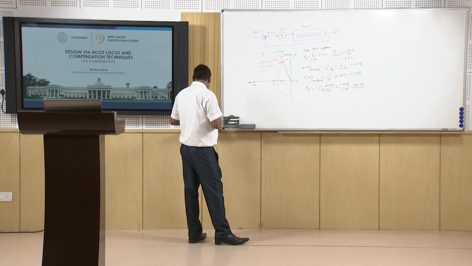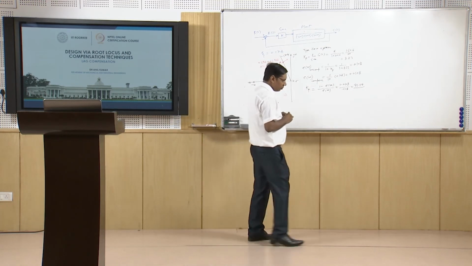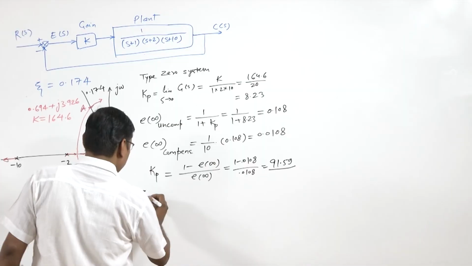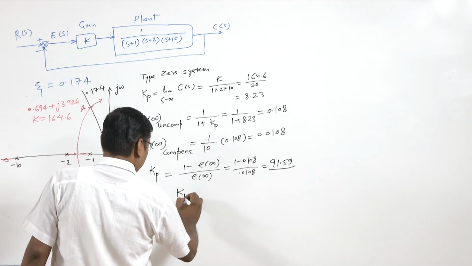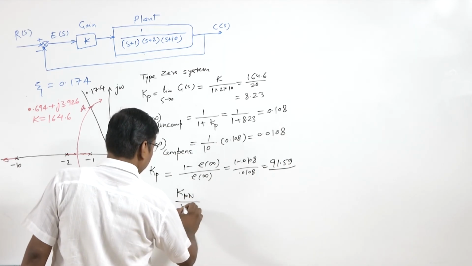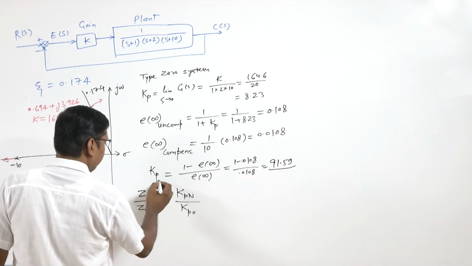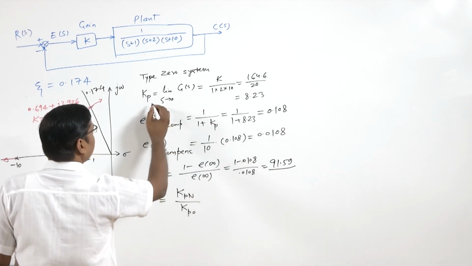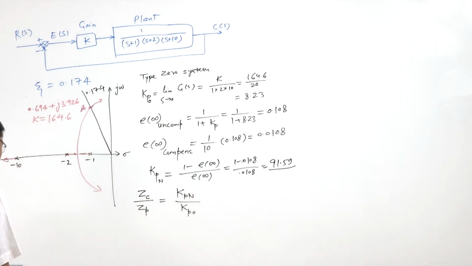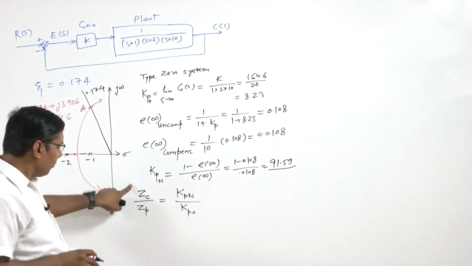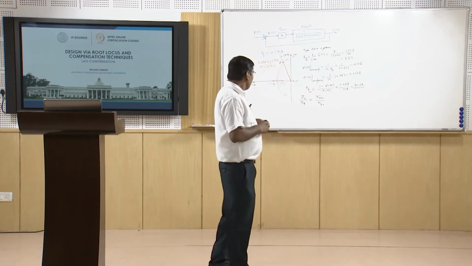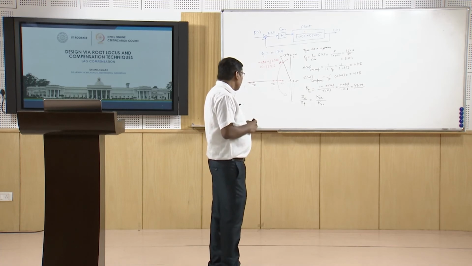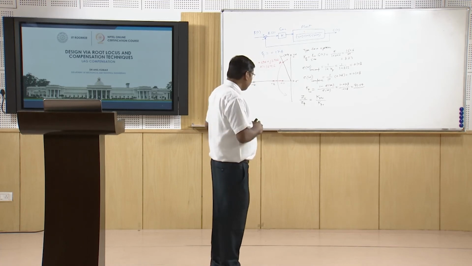Now we know that Zc by Pc equals Kpn by Kp0, because we want to know the zero and pole location of the compensated system, the lag compensated system.